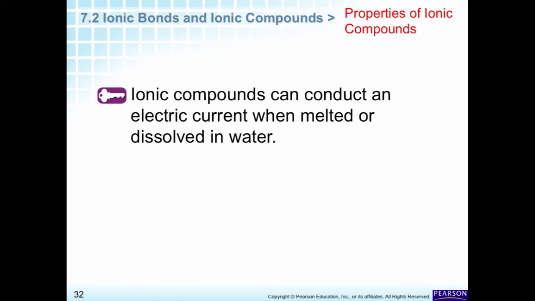Okay, ionic compounds can conduct electricity or electric current when melted or dissolved in water, but not when they're solid. Okay, so I'm going to do that here for you.